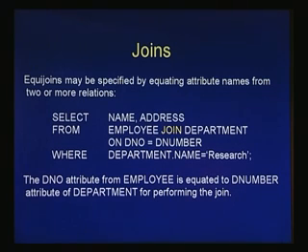So, this is specifying an equi-join condition, that is, it is equating DNO to DNumber, and of course there is a where condition which says department.name equal to research. Therefore, it is computing the join between employee and department and selecting only those tuples where the department name is research, and then printing the names and addresses of all employees who work in this department.